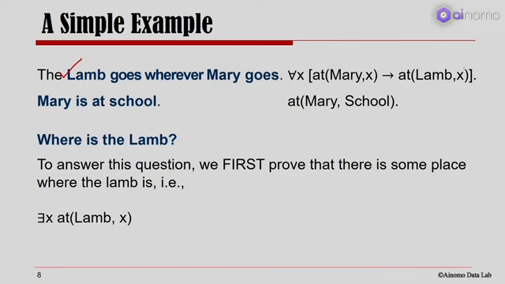So this is the final result of that particular statement. Now the next statement says Mary is at school. So I have a statement here at Mary comma school. Where is the lamb? I would have to have an existential that there is an x at lamb comma x. I take the negation of this statement and then try to get a resolution refutation done.